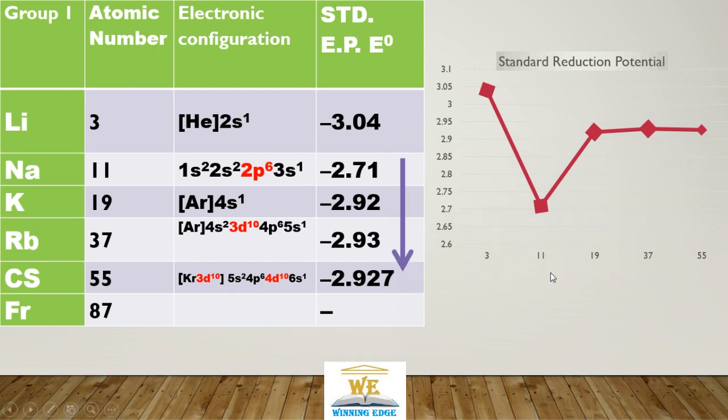Now, let's first try to explain why lithium has the highest standard electrode potential among the alkali metals. Or, if you consider it with a negative sign, why lithium has the lowest standard electrode potential among the alkali metals.